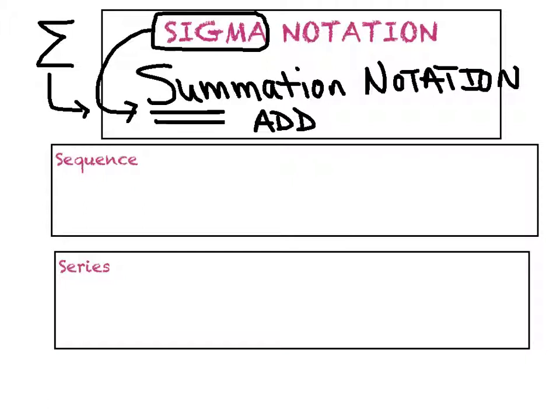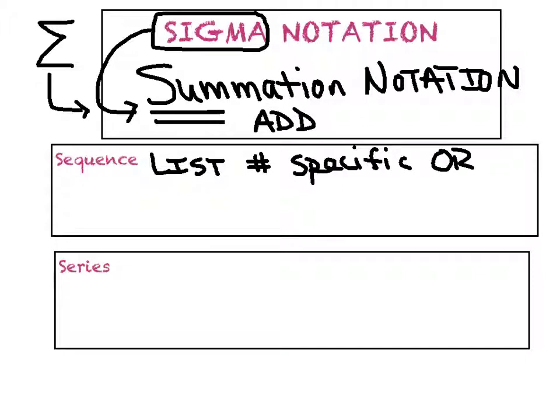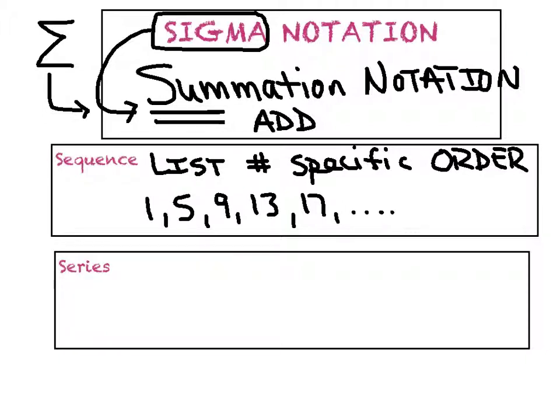Now, to review what we talked about the other day, a sequence is simply a list of numbers in a very specific order. Maybe a good example of that is 1, 5, 9, 13, 17, etc. Now, a series is simply the sum of that list of numbers that made up our sequence.